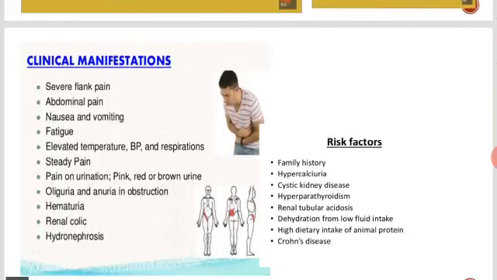Clinical manifestations of kidney stones are severe flank pain, abdominal pain, nausea and vomiting, fatigue, elevated temperature, blood pressure and respiration, steady pain, pain on urination, pink, red or brown urine, oliguria, which is nothing but decreased amount of urine output, and anuria in obstruction, which means less than 100 ml of urine is excreted, the kidneys stop producing urine.